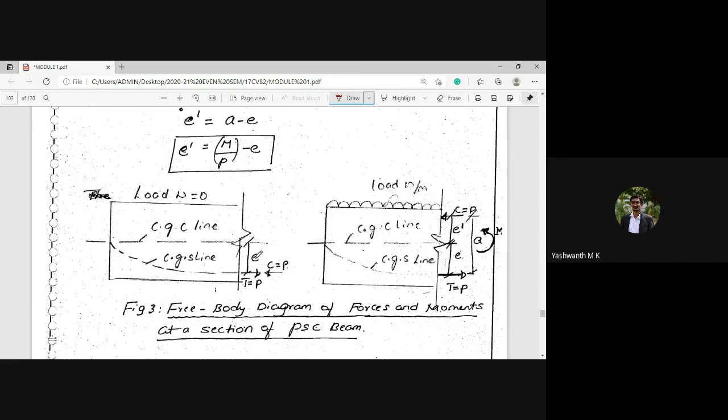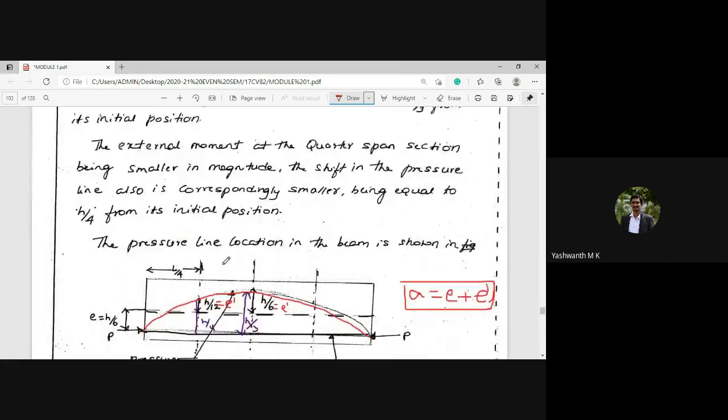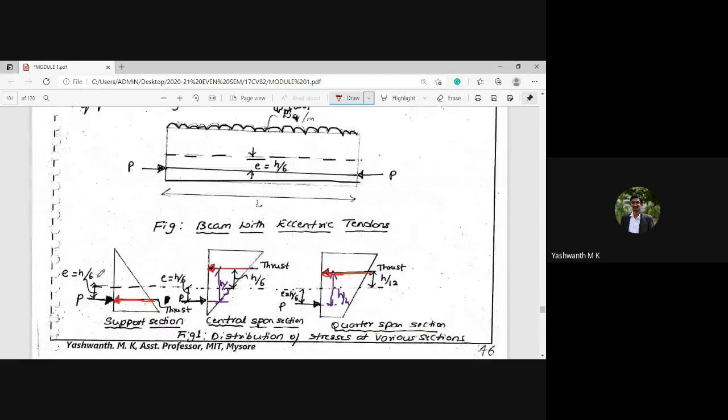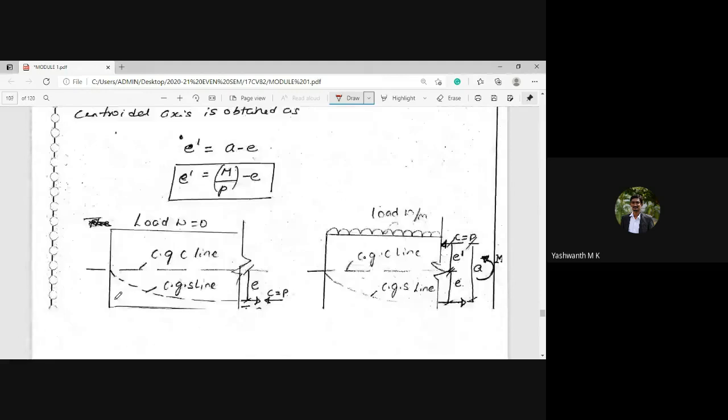That's what I have explained. This case will come across at the support section. As I stated, at the support section, since there are no flexural stresses developed, the pre-stressing force and the pressure line will coincide. That's what has been written here.